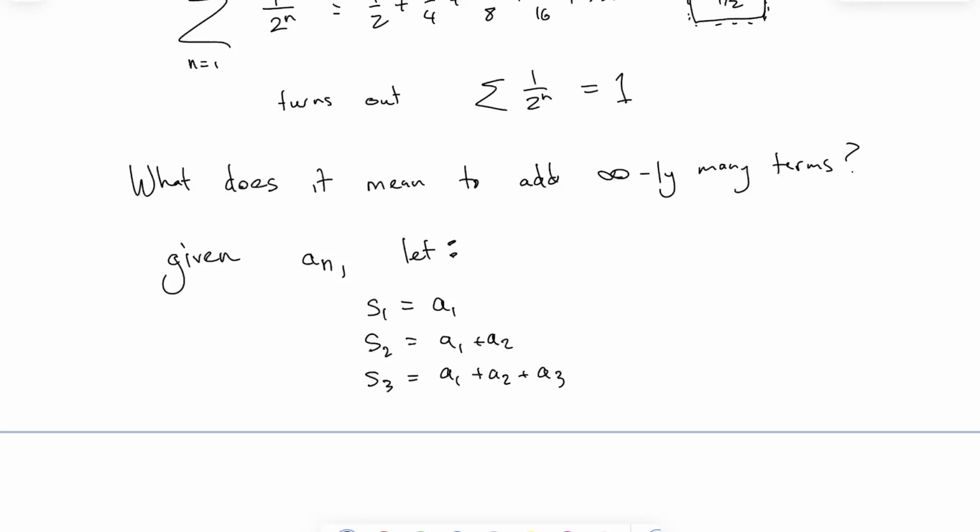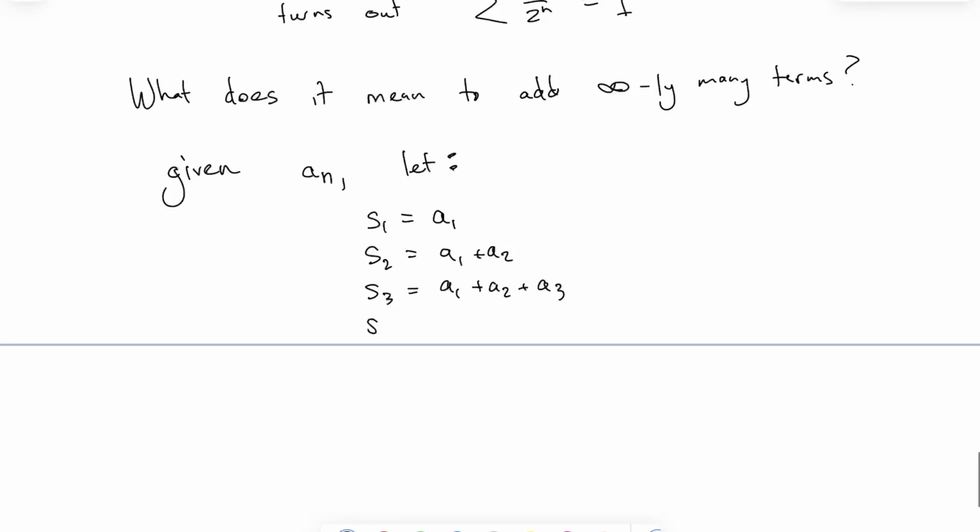All right, so this is a new sequence which consists of adding up some of the terms, but not all of them, right? Just the first few terms. So S3 means you add the first three. S4 means you add the first four terms.